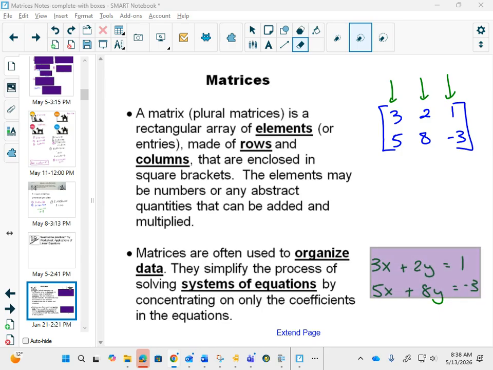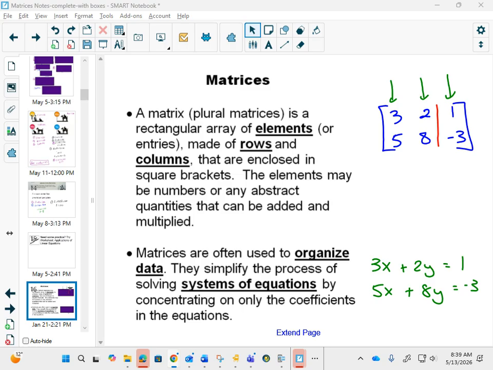They're often used to organize data. So the data that I organized in that first matrix might actually be 3x plus 2y equals 1, 5x plus 8y equals -3. Sometimes in these ones with the equal sign there, people draw a straight line in the matrix to represent that equal sign.